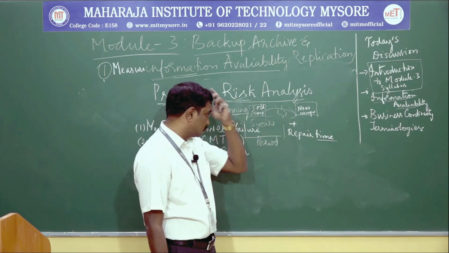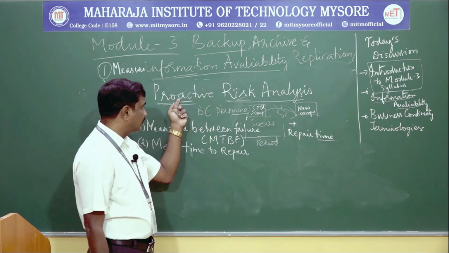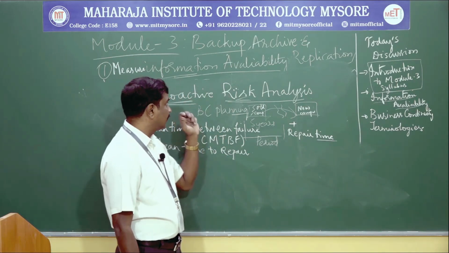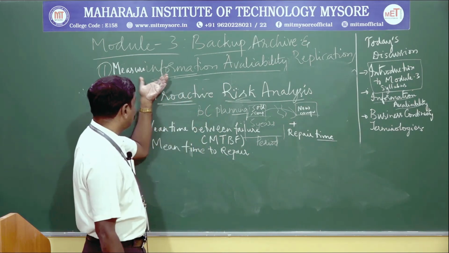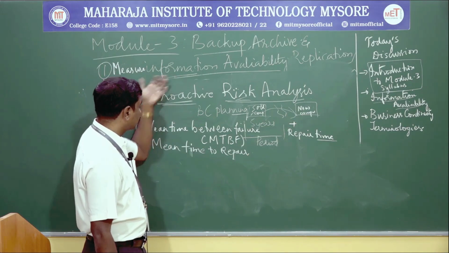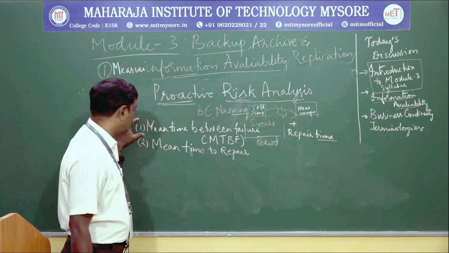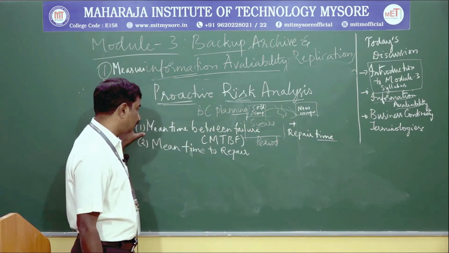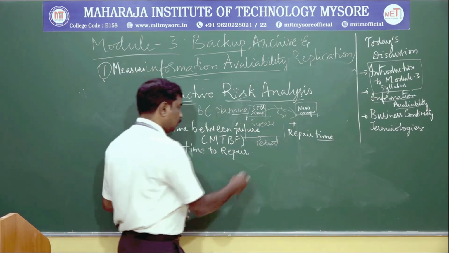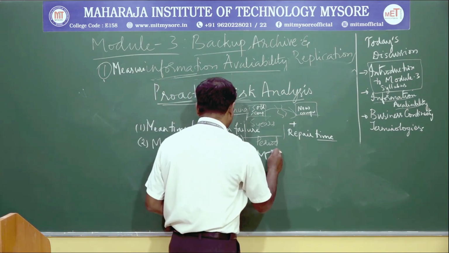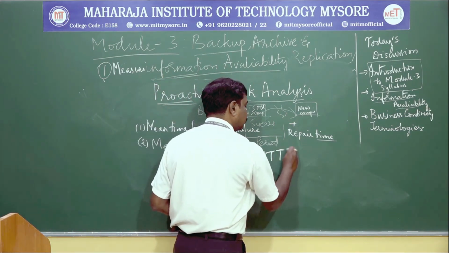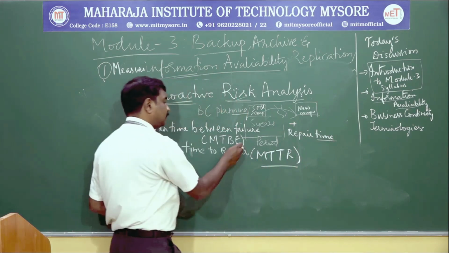Both we need to consider while analyzing the proactive risk analysis. This is one of the measuring parameters for information availability. These things are measured using mean time between failures and mean time to repair. These are the two parameters.